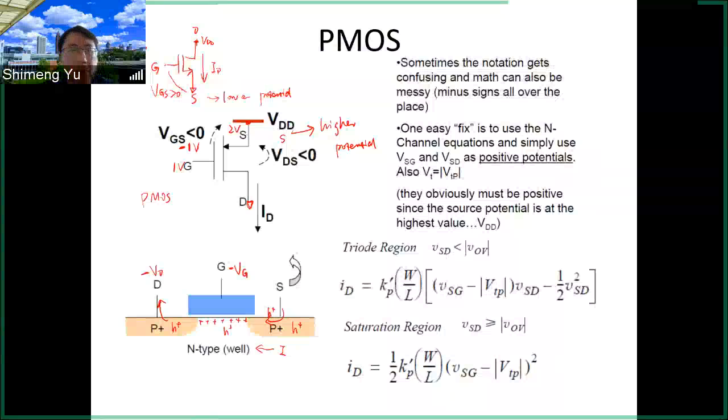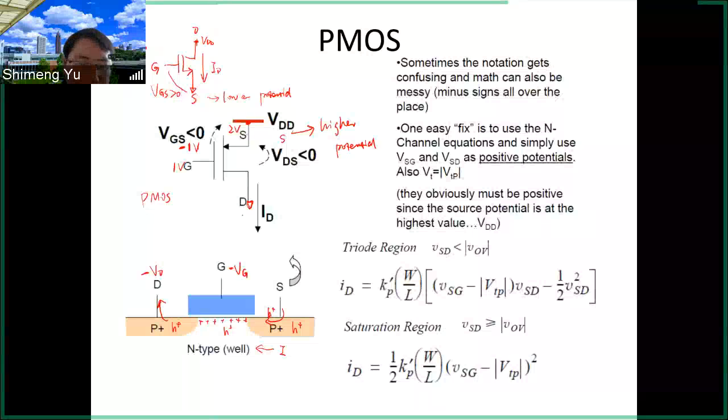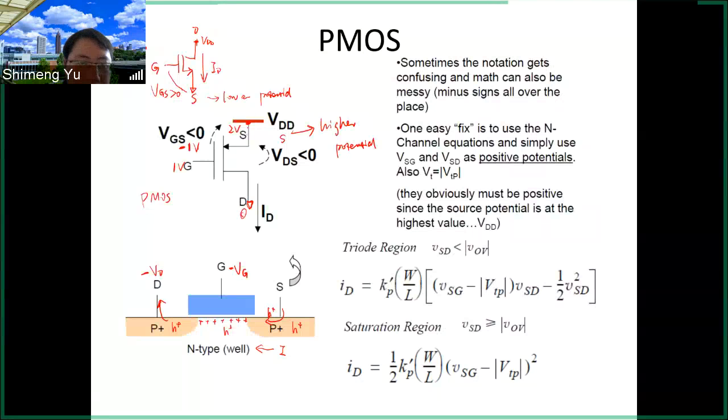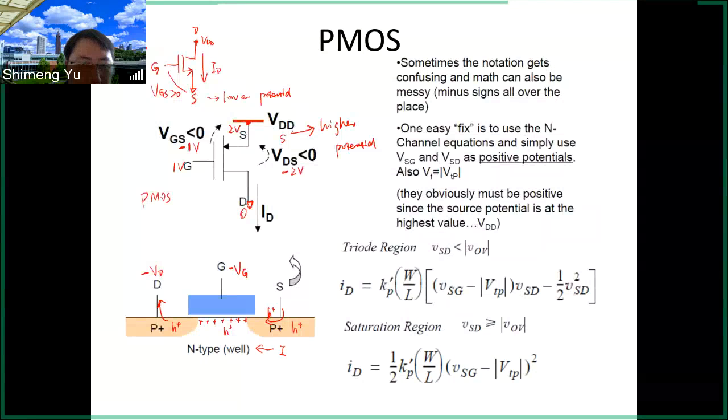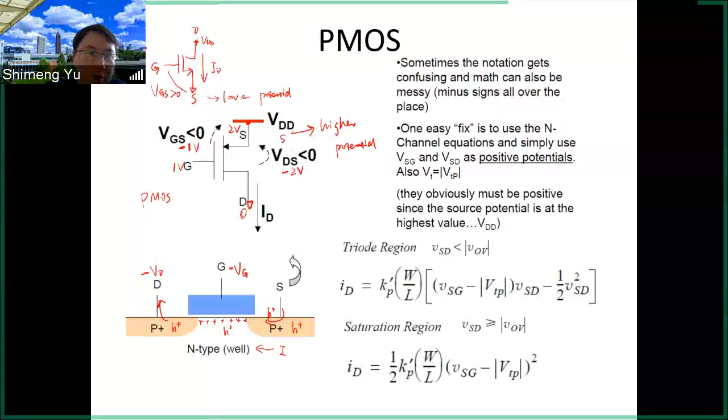This is a negative number. And then VDS is also a negative number, because here D is ground and S is 2 volts. VDS is ground minus 2, so it's -2 volts. It's also a negative number. So for PMOS, everything is reversed and all the voltages are negative numbers.